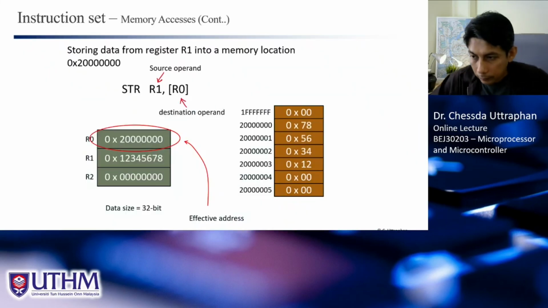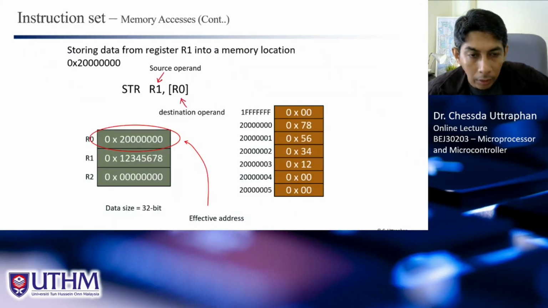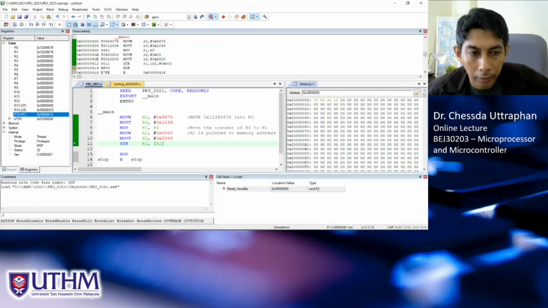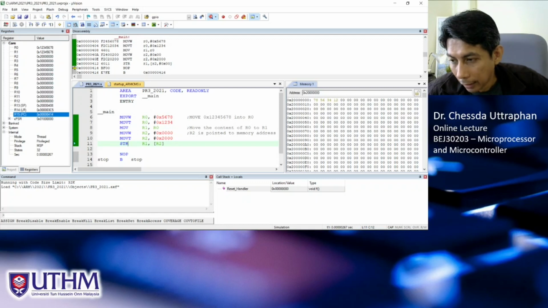Doctor, for example, we want to move data to the address 20000000, like you did just now, in the program. Since the last four digits are zero, can we go straight to movt 2000? Yes, can.